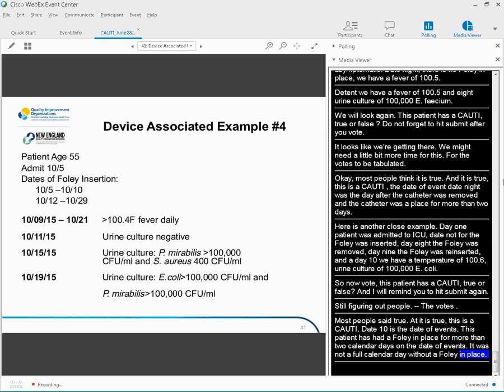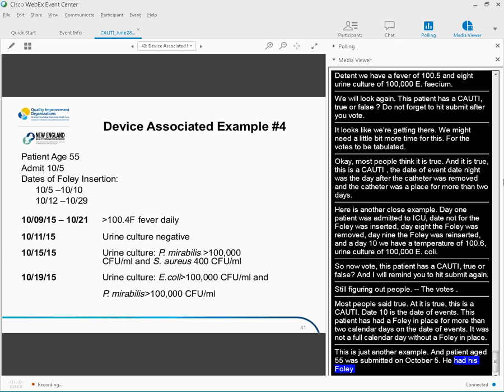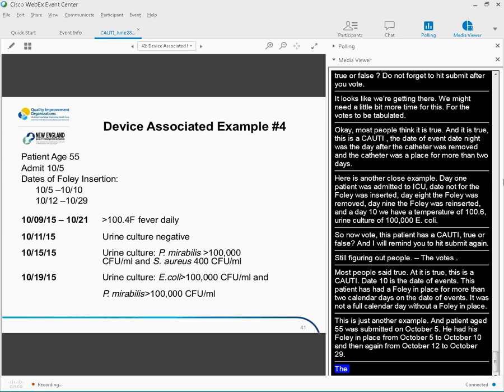Okay, so this is just another example. A patient age 55 was admitted on October 5th. He had his Foley in place from October 5th to October 10th, and then again from October 12th to October 29th. The time span of 10/9 to 10/21, he had a greater than 100.4 every day for fever.